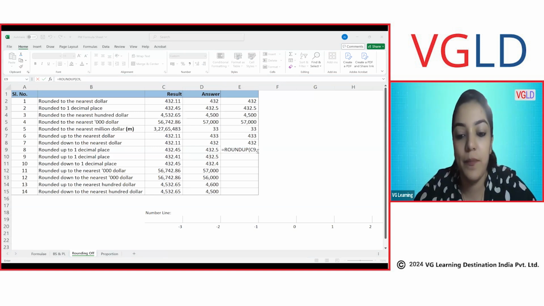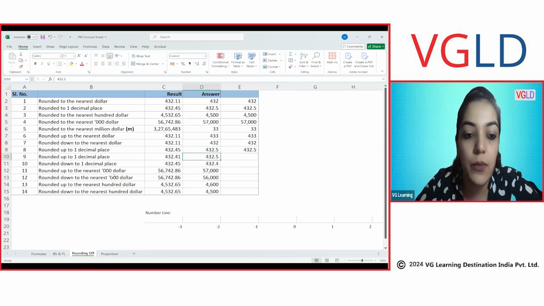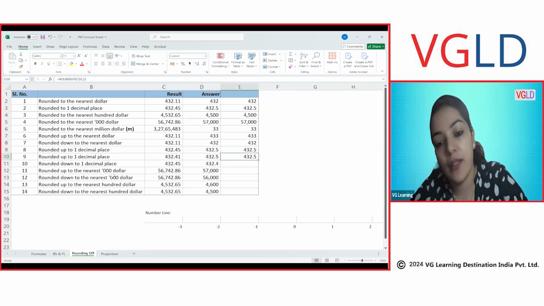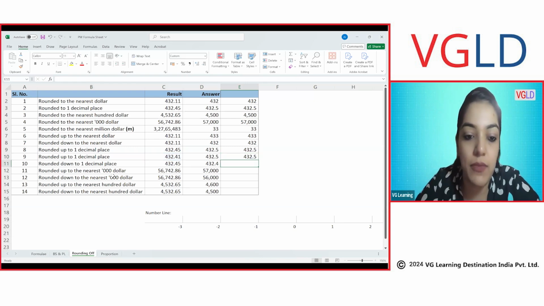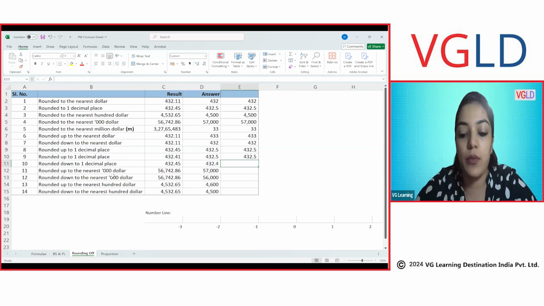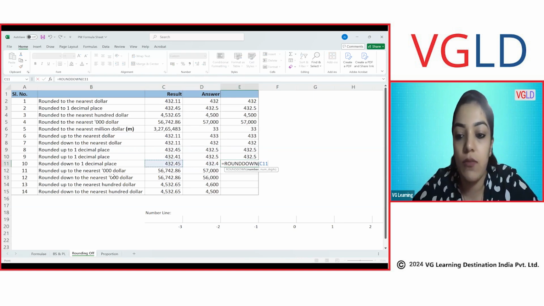So that would be 432.5. Now it will be very simple. Rounded up to 1 decimal place, no matter what, I just have to put the same number. It is 432.5. Then rounded down to 1 decimal place. What will I put? Round down function, comma, 1.